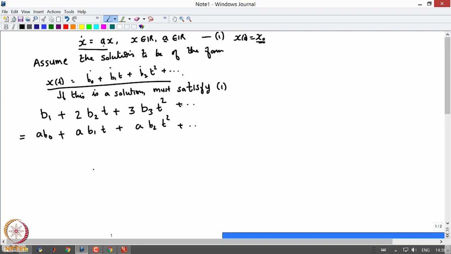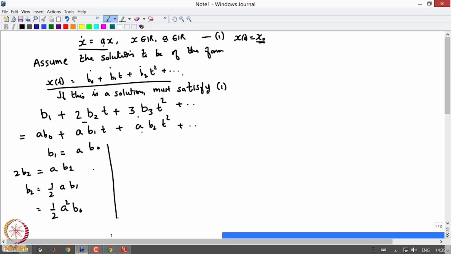I just equate the left and right side, and then the coefficient corresponding to t square should be equal, similarly the coefficient corresponding to t should be equal and so on. So, the first thing would give me that b1 is a times b naught, and the second expression will give me twice b2 is a b1, or b2 is half a b1, and b1 from here is a times b0.